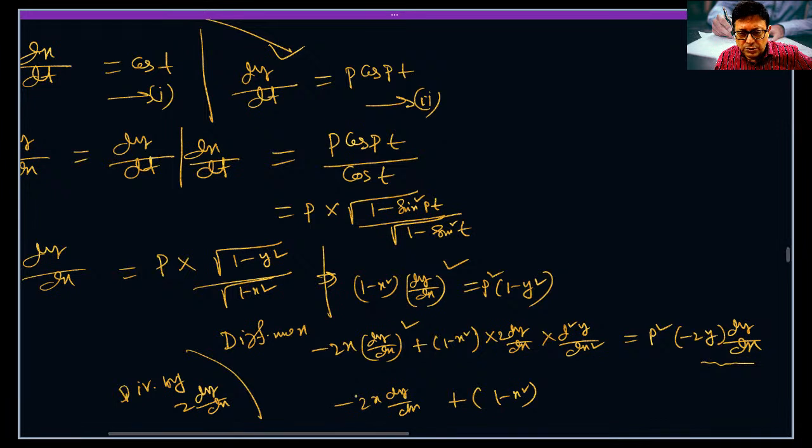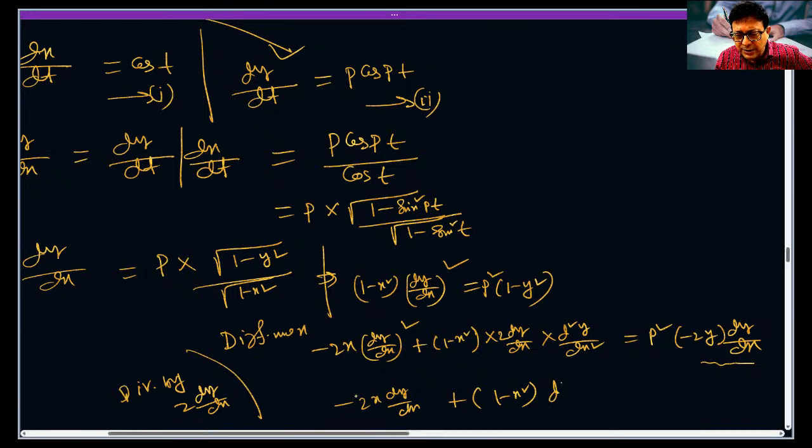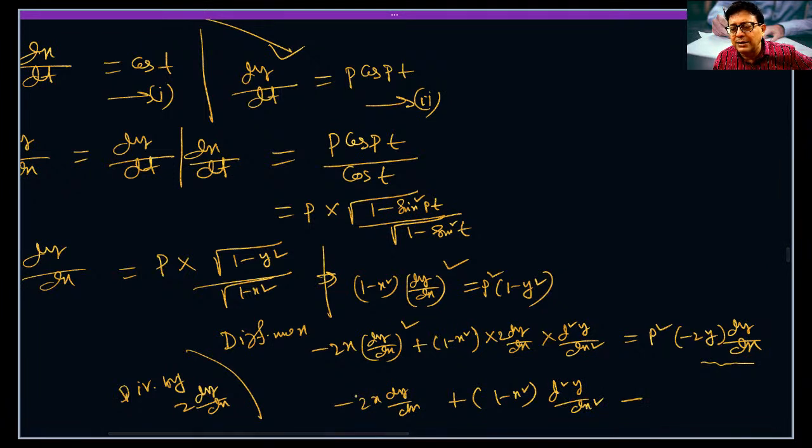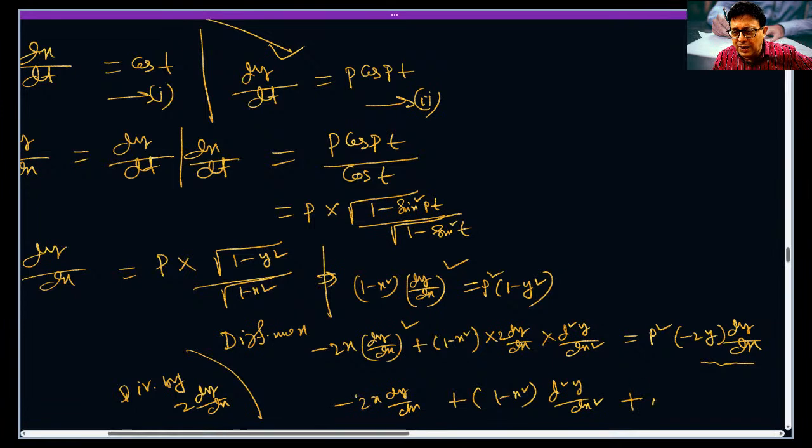So this will be, and this will be, take it on the left side, plus, finished. p square y equal to 0, because you have divided by it.